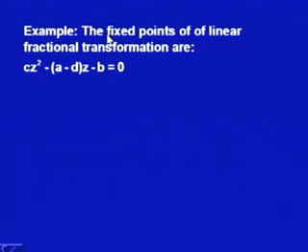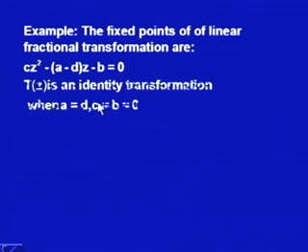The next example will show that the fixed points of a linear fractional transformation are given by this expression. This can be obtained by writing f(z) equal to z and simplifying the expression, and we get c z squared minus (a minus d) z minus b equal to 0.